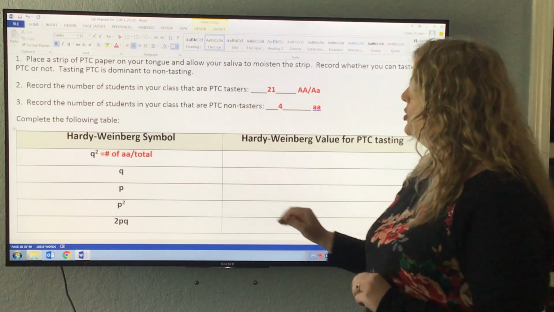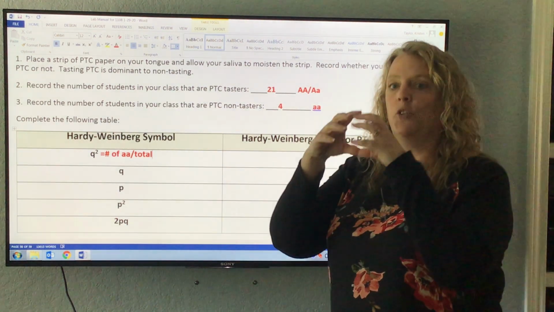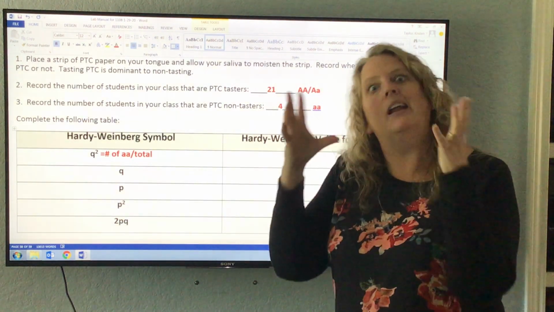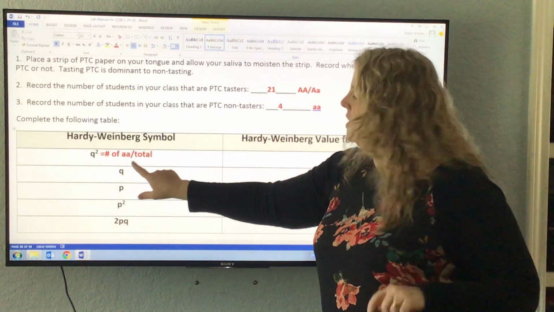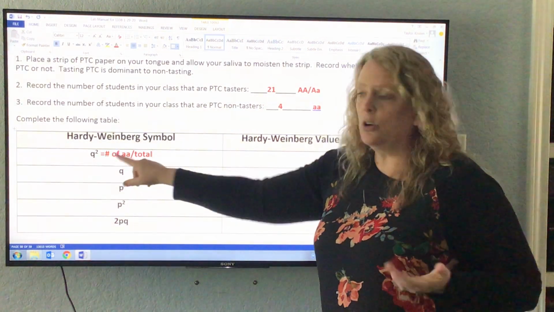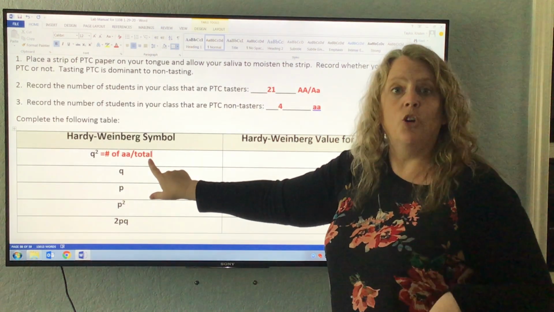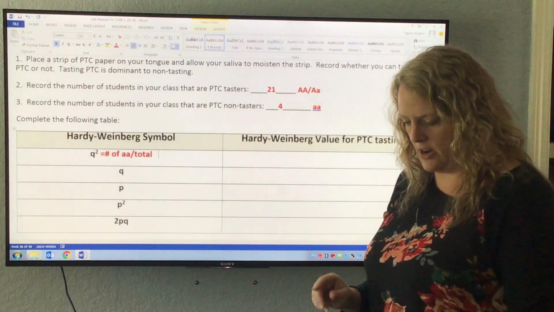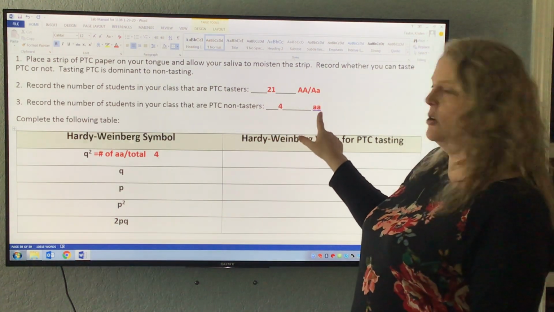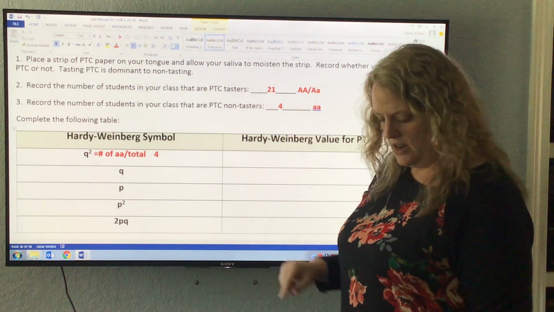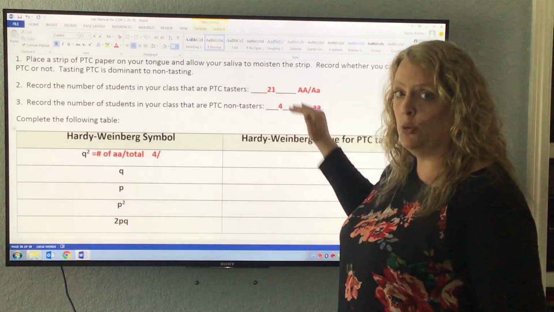Because you are finding the frequency, what percentage of the population. So we have to have the total. So it's going to be 4, which is the number that are homozygous recessive, divided by the total number of students.